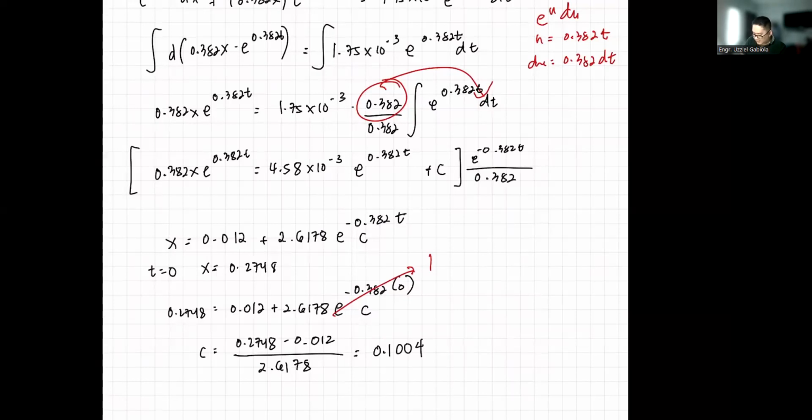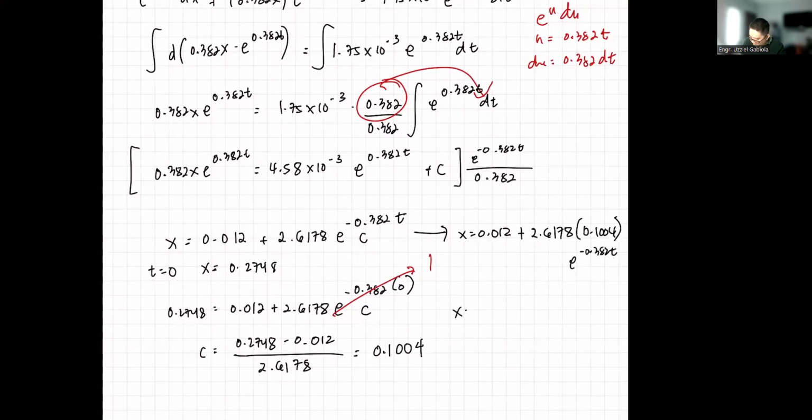0.1004. No? Ganyan lang natin. So, itong solution natin will be x is equals to 0.012 plus 2.6178 times yung c natin na 0.1004 e raised to negative 0.382t.